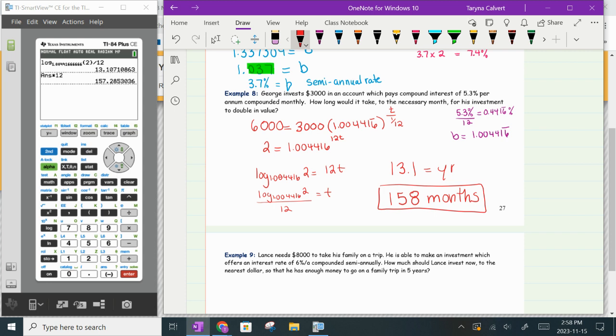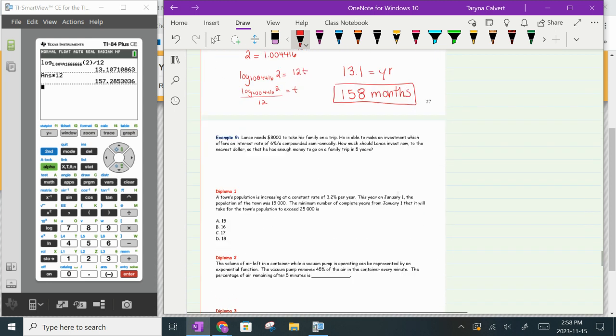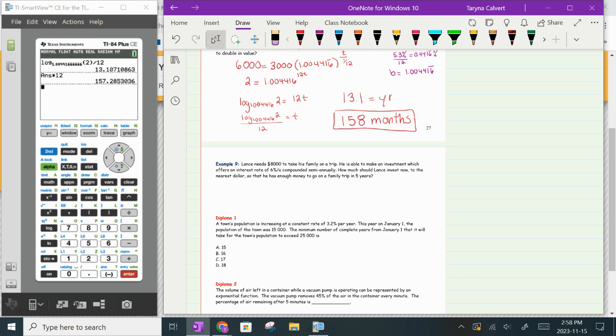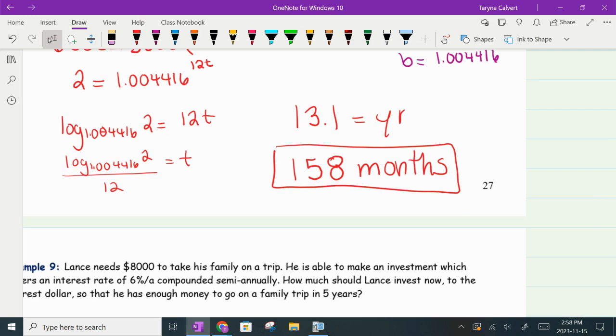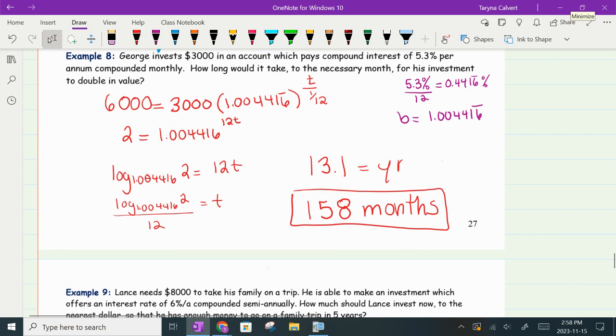But in this context, because it's an investment, it wants to know when it's going to double. So technically at 157 it hasn't doubled. So you actually have to round up. Right, you're done. Because the formula's time is set up in years when you're doing your investments.